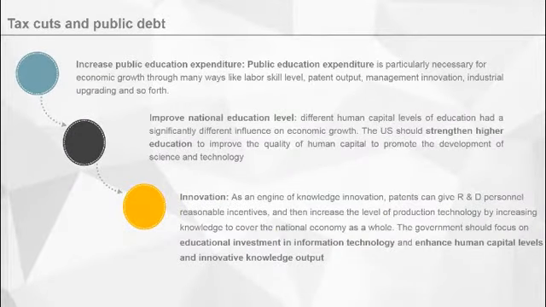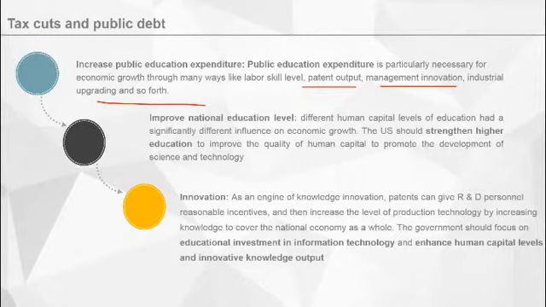Based on these issues, I put forward three policy suggestions. The first one is to increase public education expenditure, such as putting more focus on patent output, management innovation, and industrial upgrading, and so on.